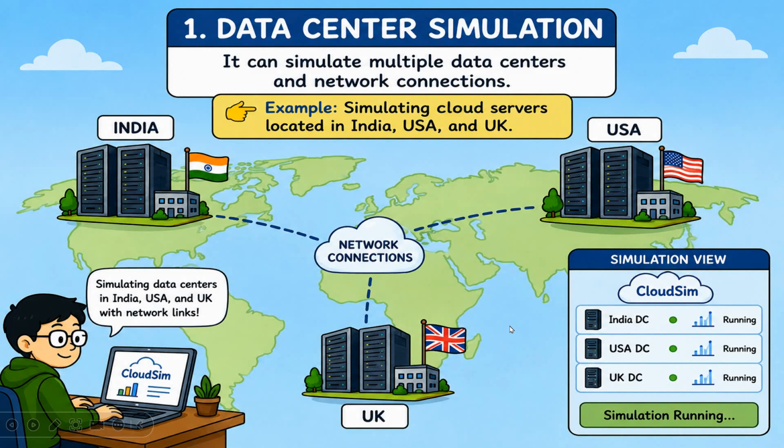And this feature is very useful for testing cloud applications, analyzing network delays, studying resource sharing, and improving system performance before real-time deployment. So the researchers can safely test different cloud configurations without using actual hardware, which reduces the cost and saves time while improving the efficiency and reliability in cloud computing experiments.